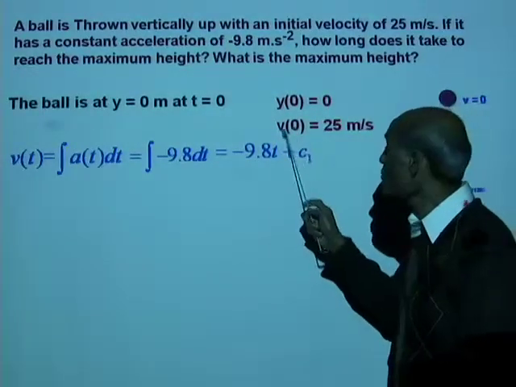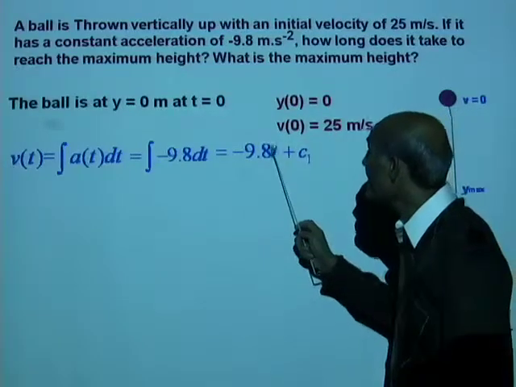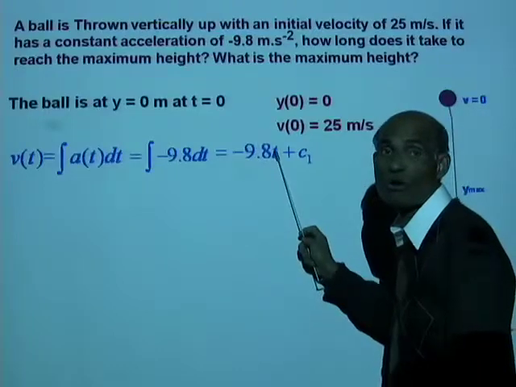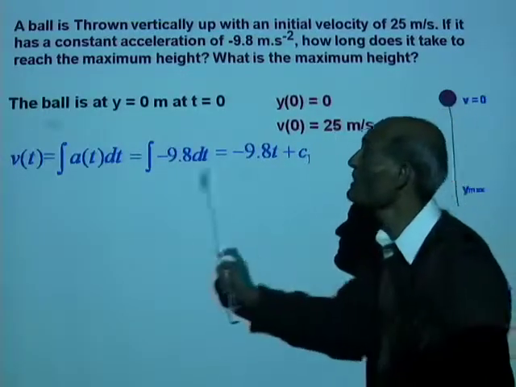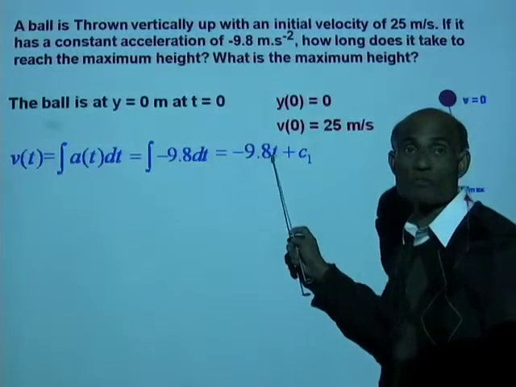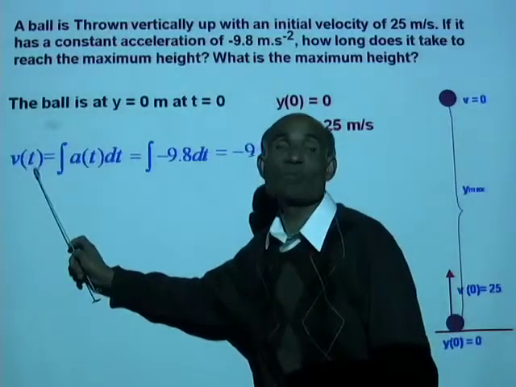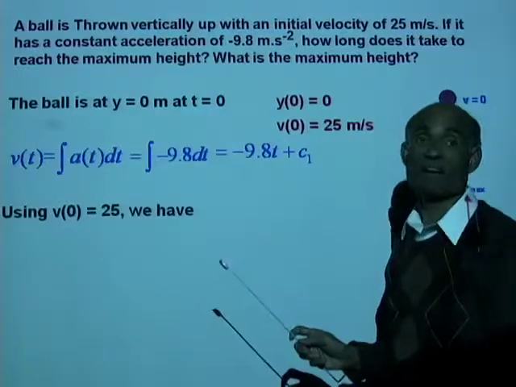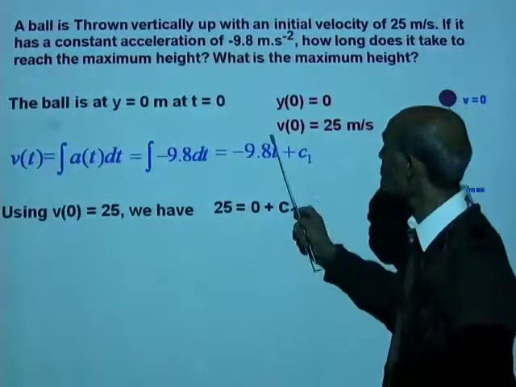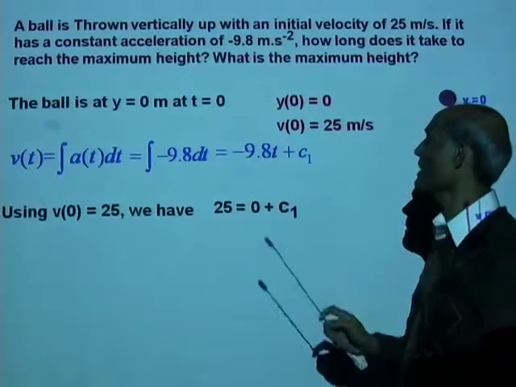c1 can be found using this condition. When t equal to 0, when you replace this t by 0, then your v will be 25. So when this term becomes 0, the value of v will be 25. So we have 25 equal to 0 plus c1.